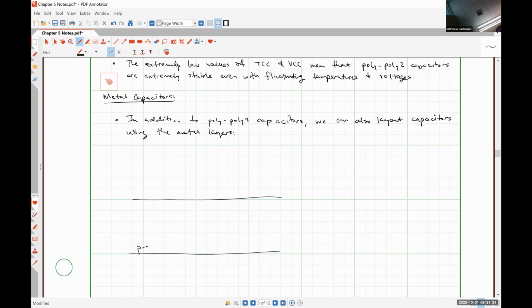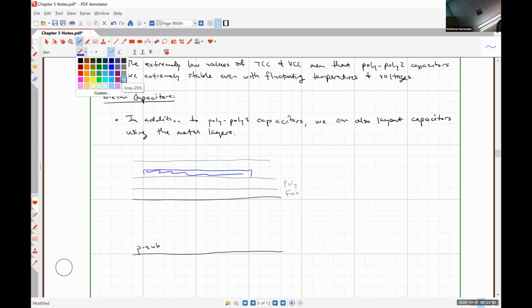So here is our P-type substrate. Here is our field oxide. Here's our poly layer. This is where metal 1 is. And so we can put a metal 1 layer down, and then up here, metal 2.